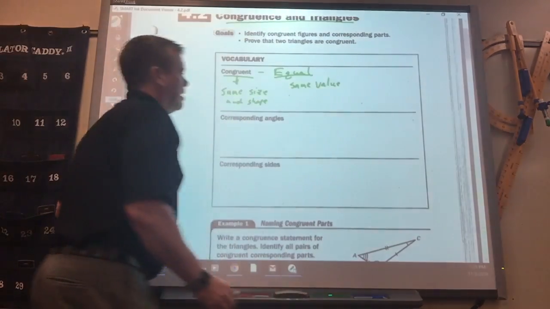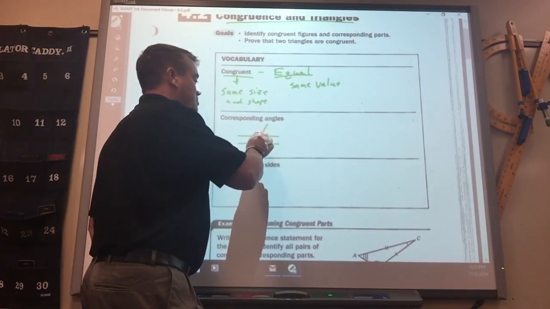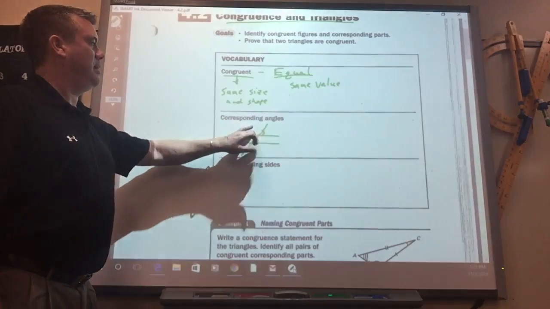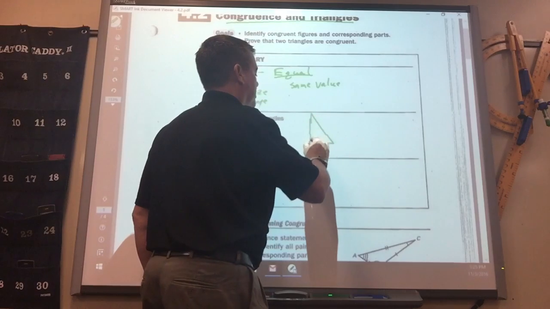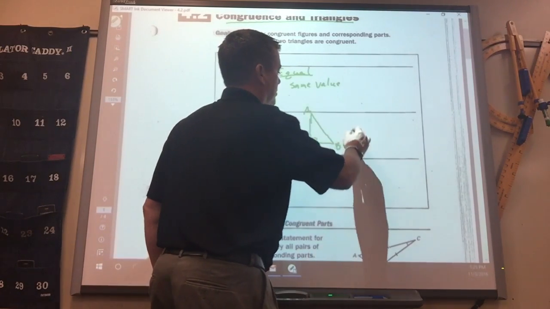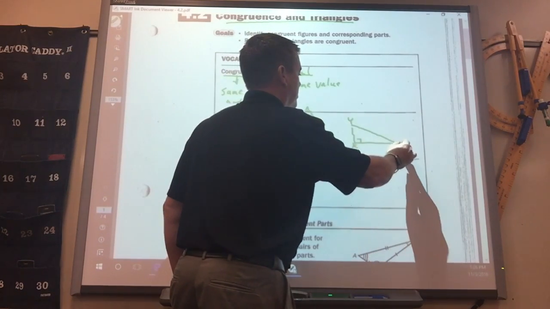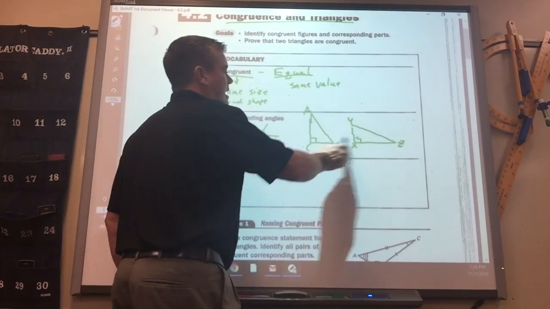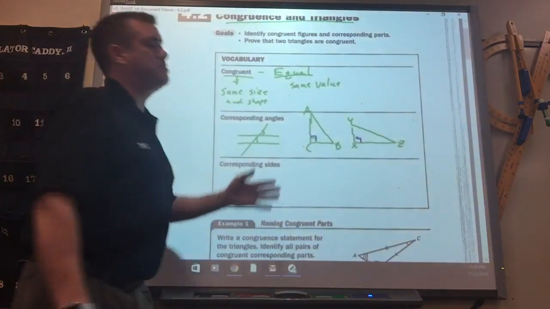Corresponding angles, we just went through parallel lines. Corresponding angles are in the same position. So it's the same thing if you've got two triangles. C and X are both 90, so they're corresponding.